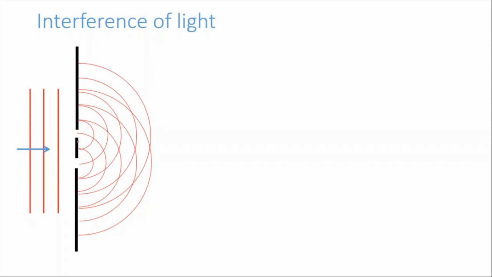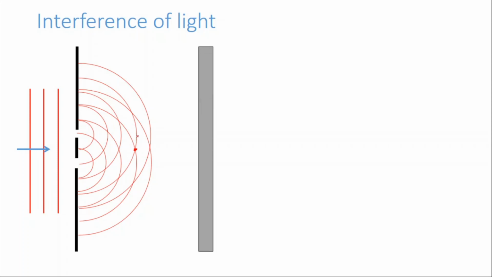So this is going to be the light waves from this slit and also from this slit. Light is spreading from this slit, and also from the second slit, and the light from the two sources interferes. At some points they construct each other, for example at this point. At some other points they destruct each other.